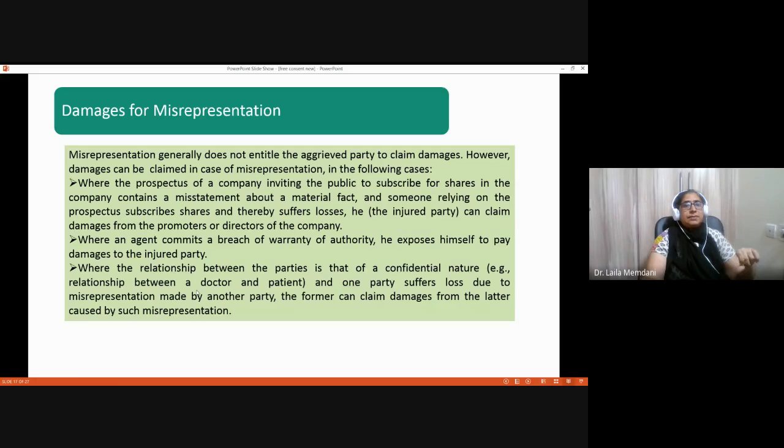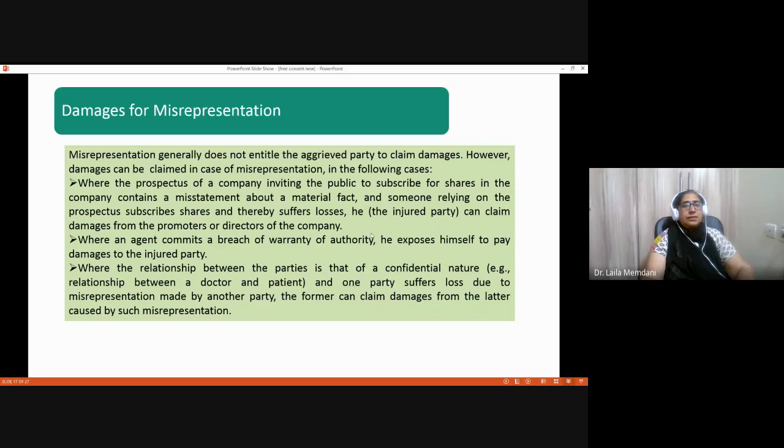Now, damages for misrepresentation. Misrepresentation does not entitle the aggrieved party to claim damages. However, in certain circumstances, the party can claim for the damages, like when a company has called for public subscription or had issued a prospectus for IPO, and someone relying on the statements in the prospectus subscribes to shares and thereby suffers loss, the injured party can claim for the damages.